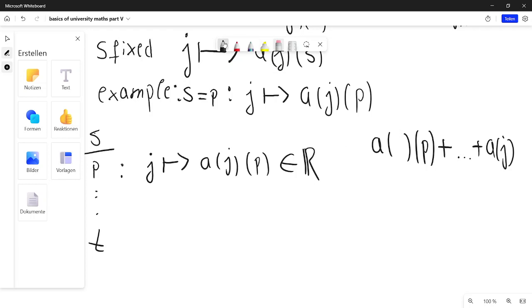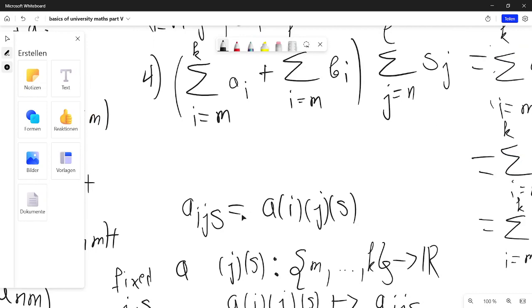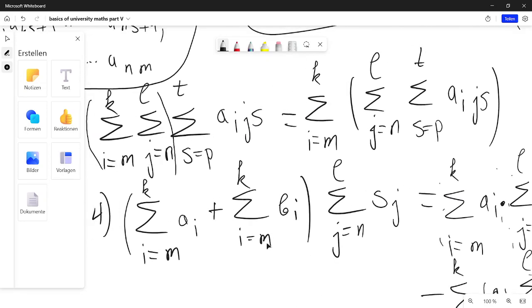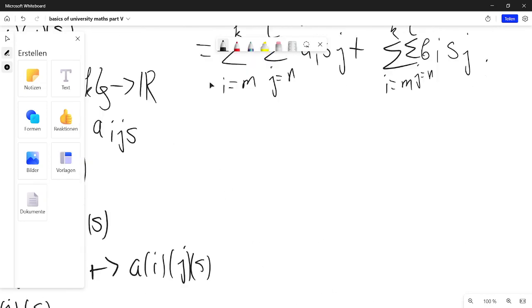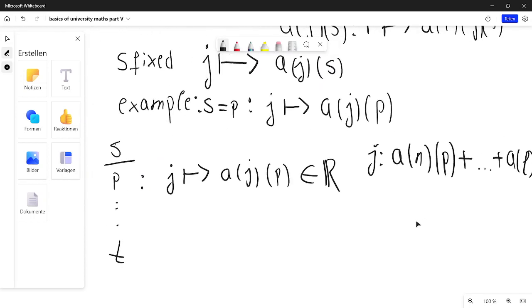So let's denote this by this, going for j. But j went from n to l. Right, j went from n to l. Okay, that is for p.